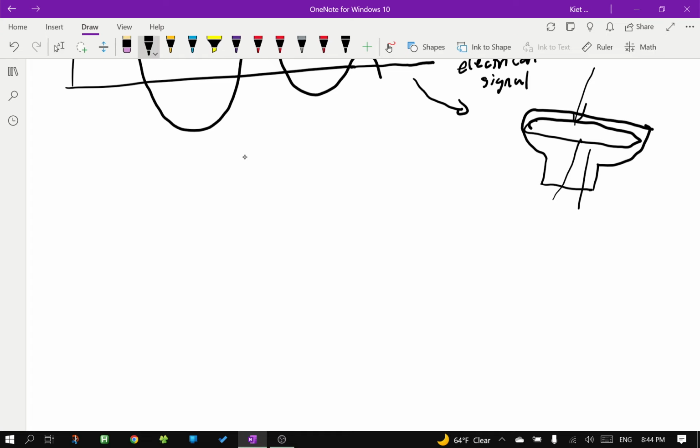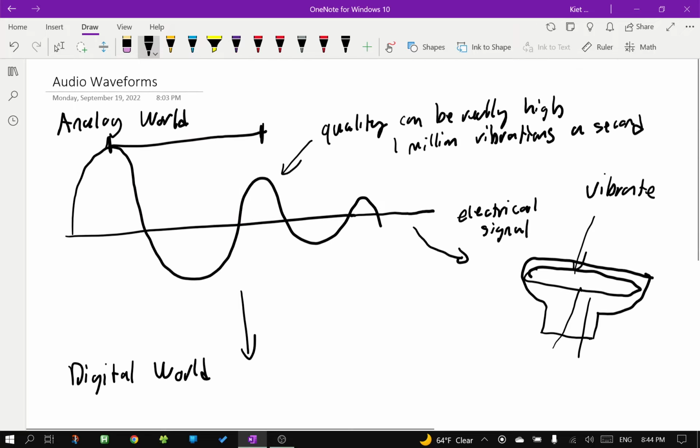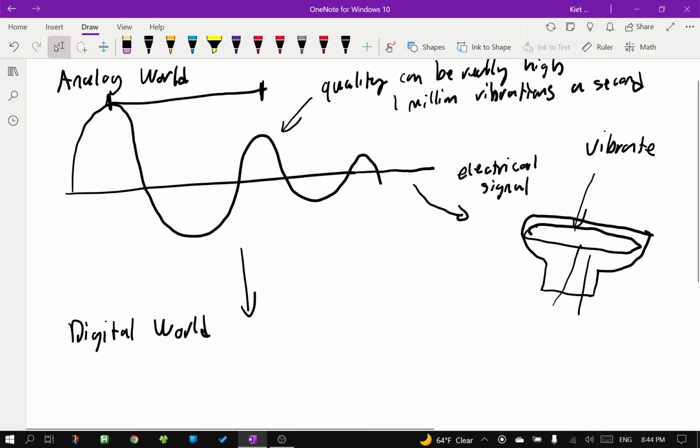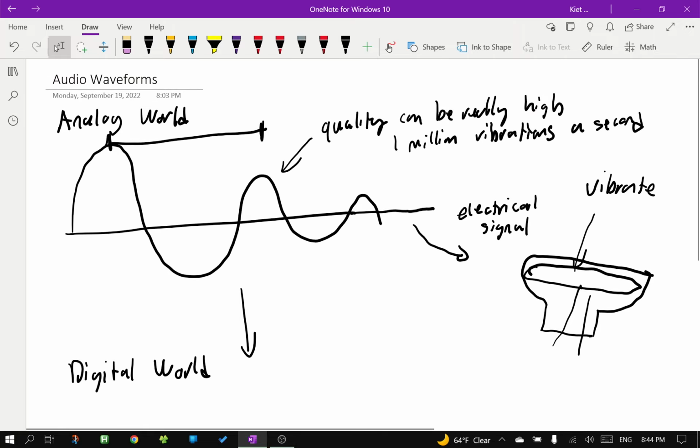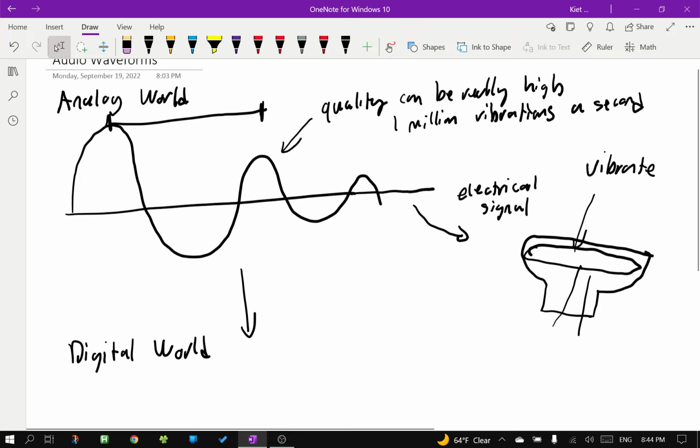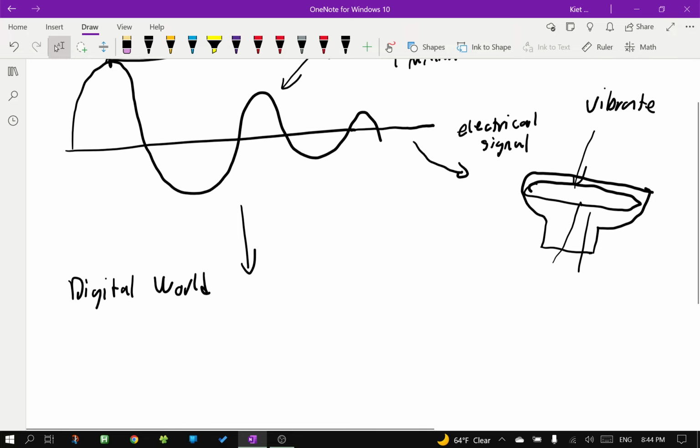But when we move to the digital world, we can't really represent audio waveforms as a pure electrical signal, because in the digital world we only have ones and zeros, and we have to decide what frequency we want to represent it at.